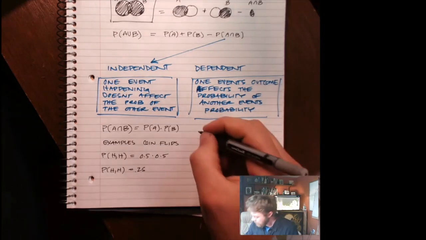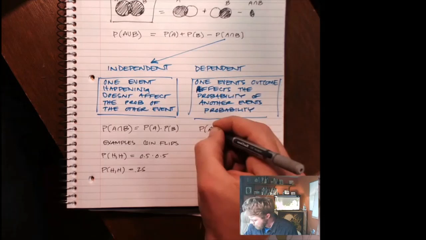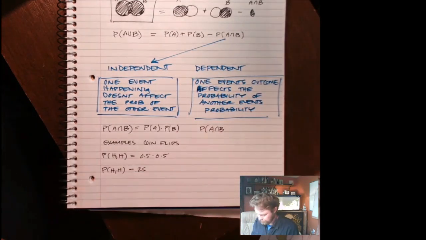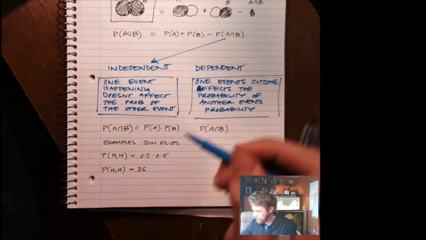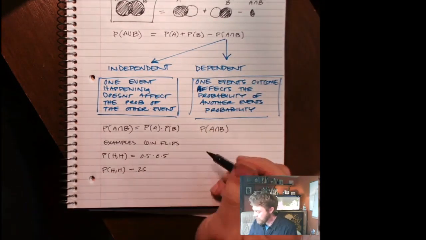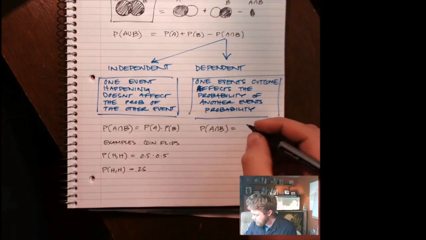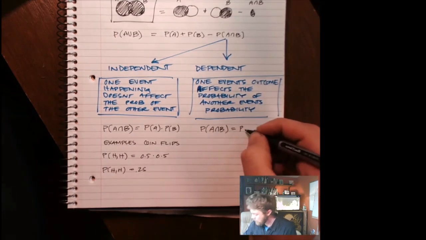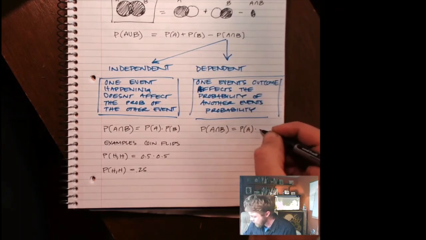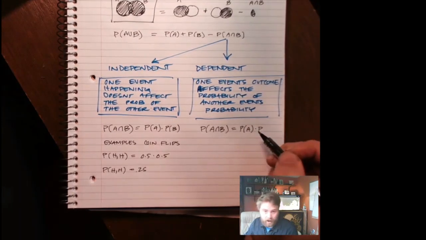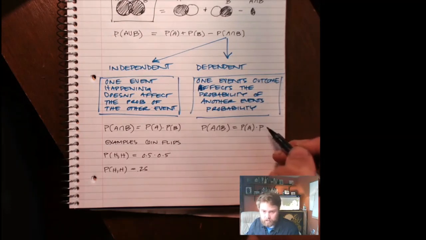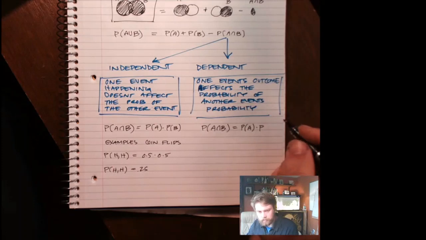The way we calculate this, probability A intersection B, is probability A times probability, so A happens, and then that changes the likelihood of event B.